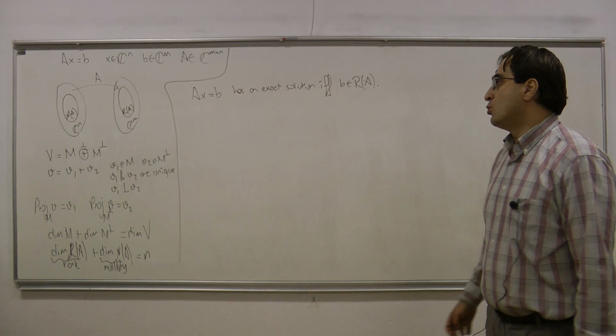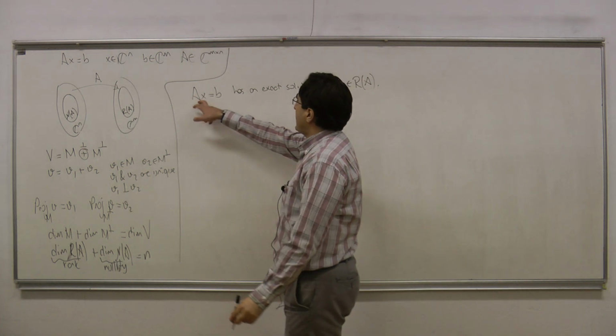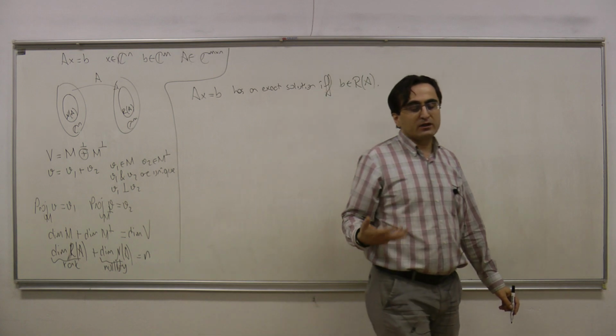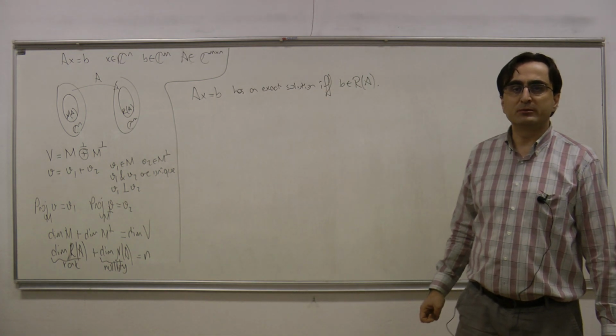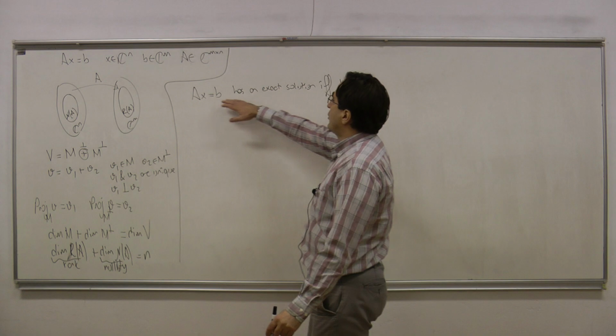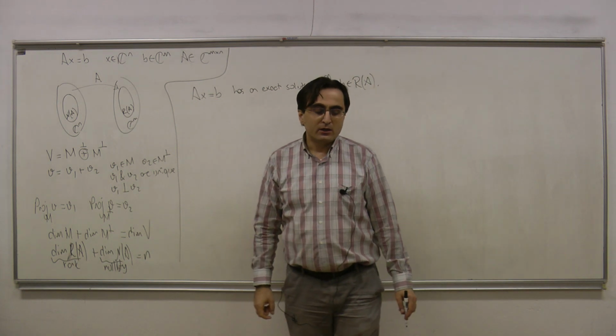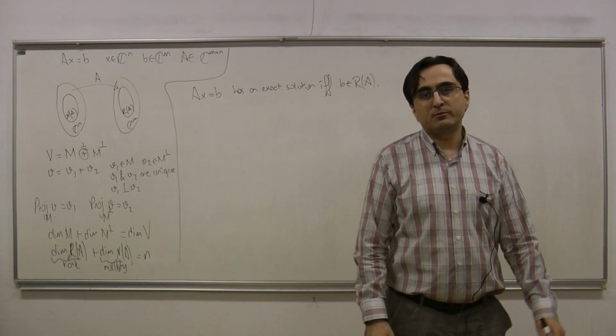But in general, this A and B, or only B sometimes, are obtained by using some measurements, and in many cases this B is not in the range space of A. In that case, we really do not give up immediately.